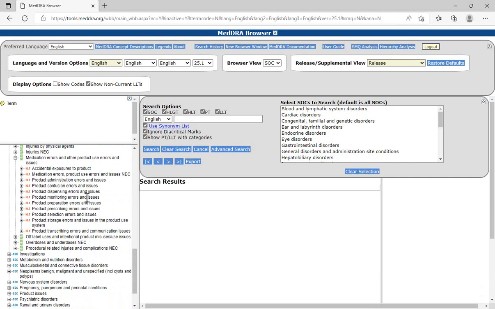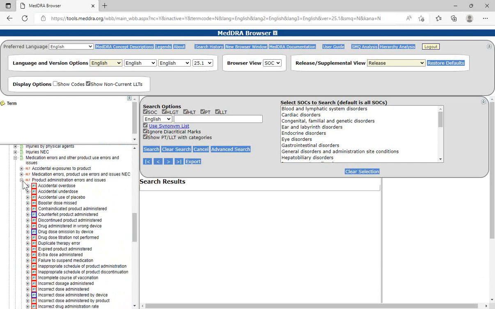So I'm thinking, where could it be that the nurse accidentally administered an overdose to the patient? There were two types of medications that she gave him. But it was an accident and it was some sort of administration. So I think I'm going to look at this HLT, product administration errors and issues. I may be wrong, but there's no harm in looking at all the different PTs that are housed under this HLT.